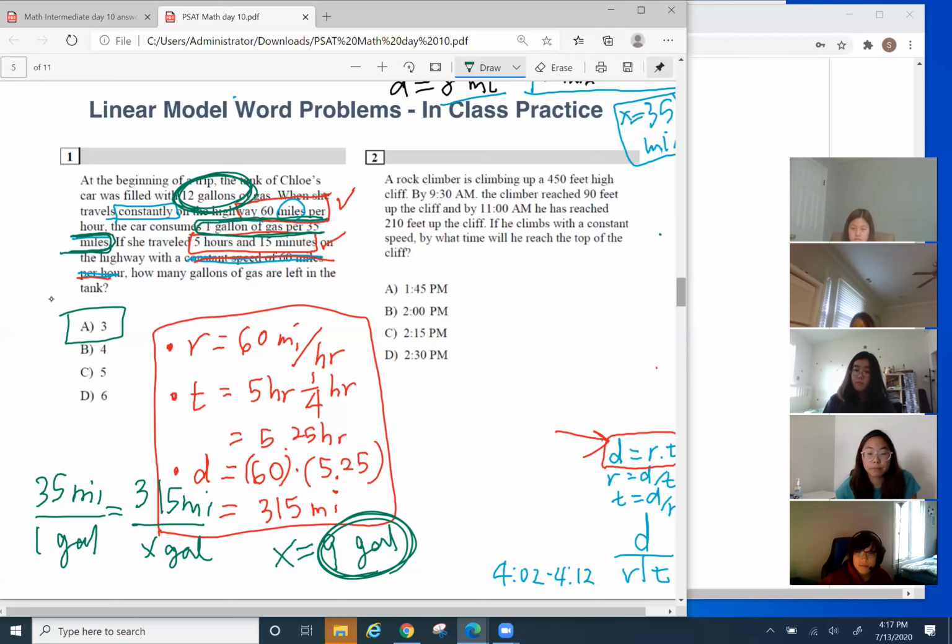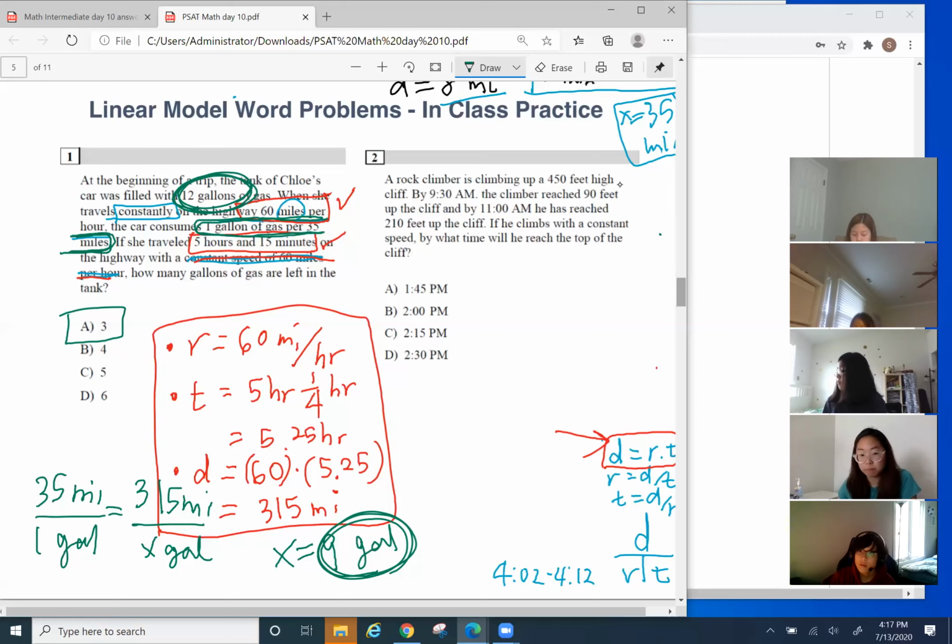Okay, let's look at number 2. A rock climber is climbing up 450 feet high. At 9:30, the climber reached 90 feet. At 11, he has reached 210 feet up, right? So what's his rate? How much did he travel in what time?